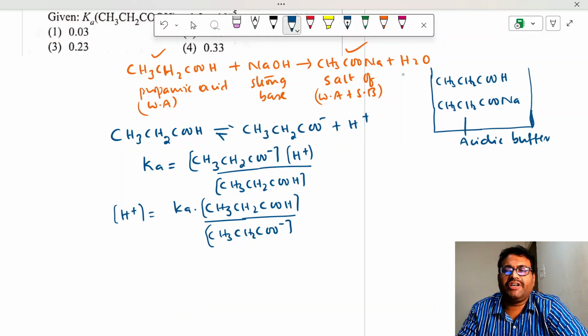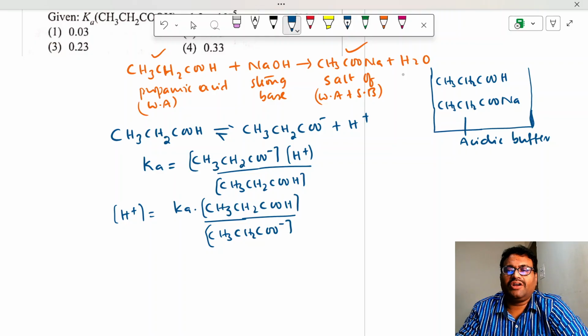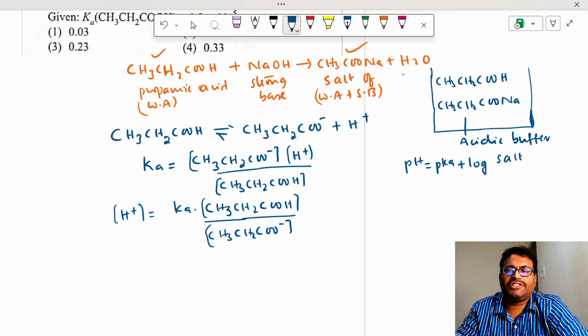For an acidic buffer, we have derived a formula: pH is equal to pKa plus log of salt concentration by acid concentration.